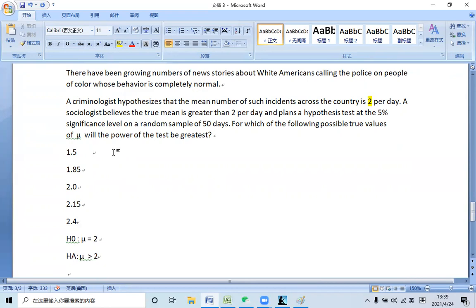What's the difference? Well, we can call it deviation, negative 0.5. And here what's the deviation? Negative 0.15. And how about the second one? The true mean is 2, so there's no difference. Here, for this one, it's a positive 0.15.